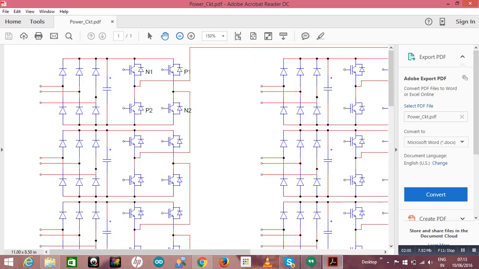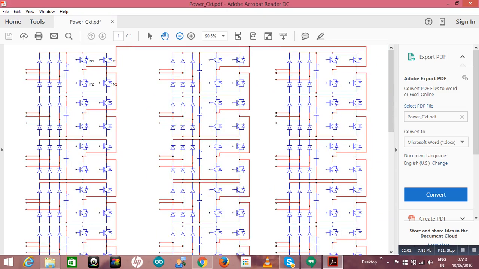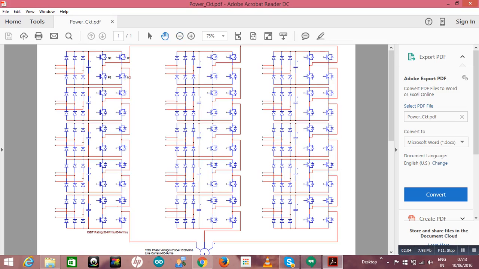And like that, you see here I have introduced 5 cells to meet my phase voltage.